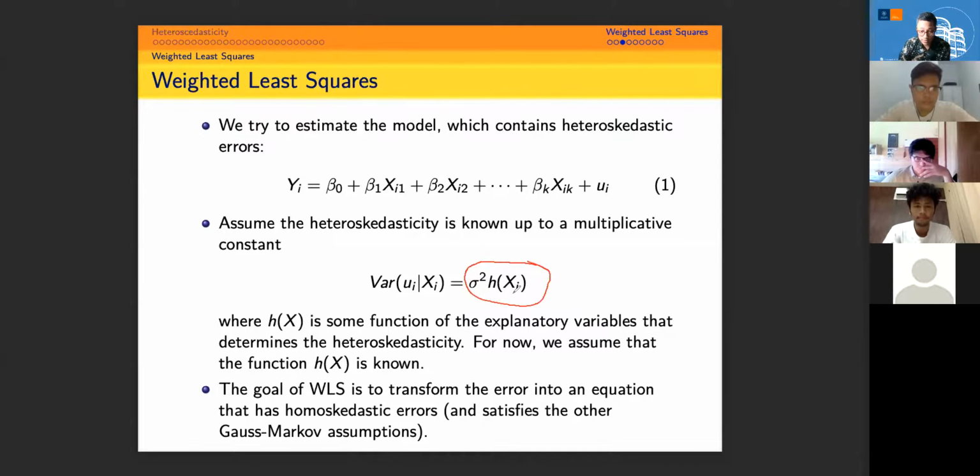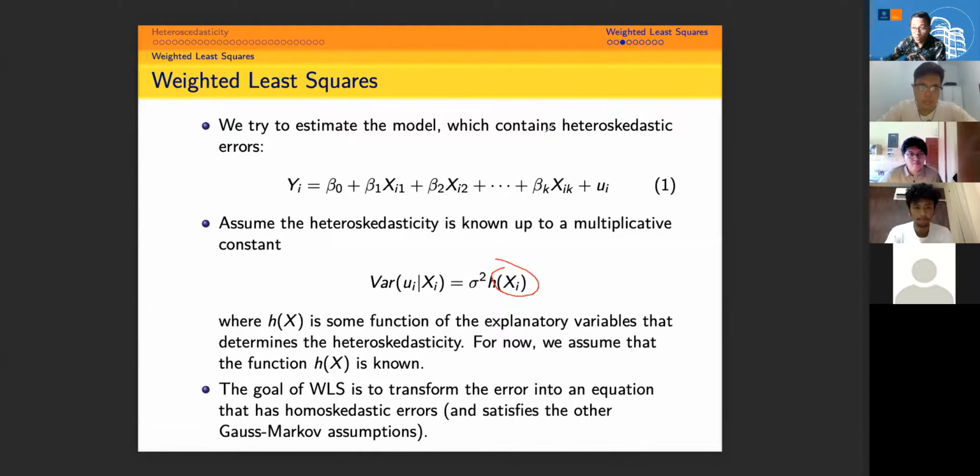So the function of explanatory variables determines the heteroskedasticity. The key here is that there is this function h of x that determines the heteroskedasticity. For the sake of discussion, I'm going to assume that the function is known.